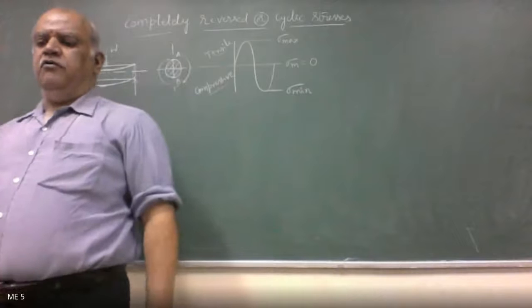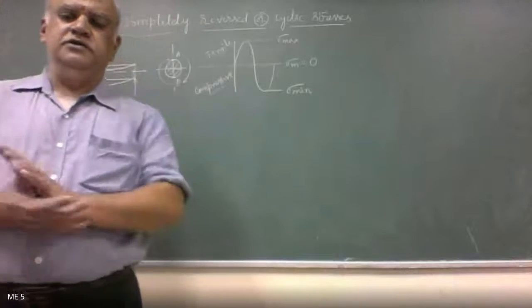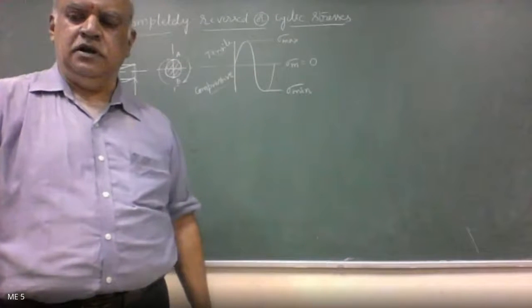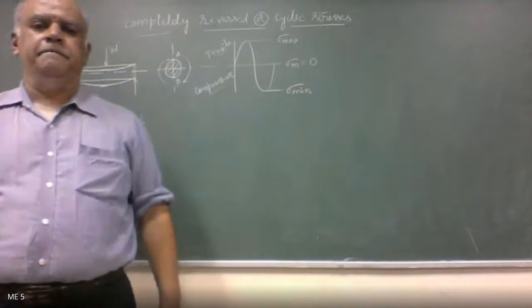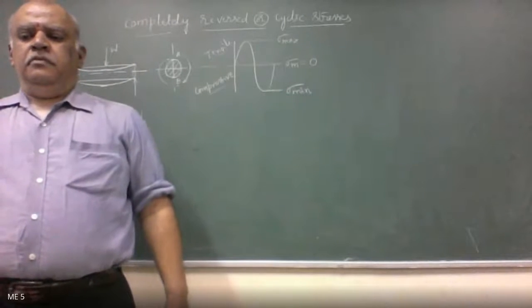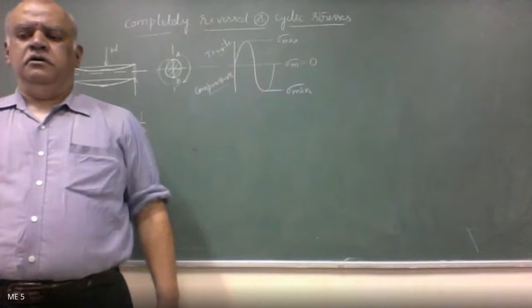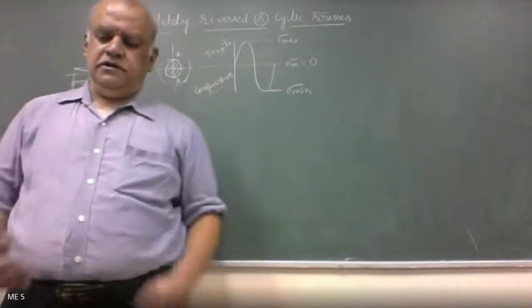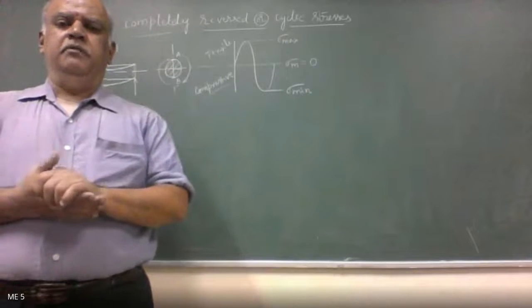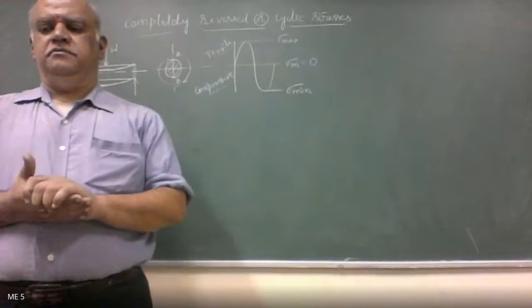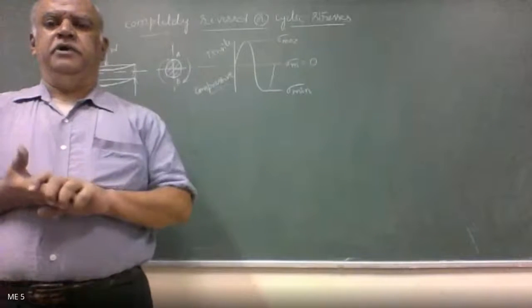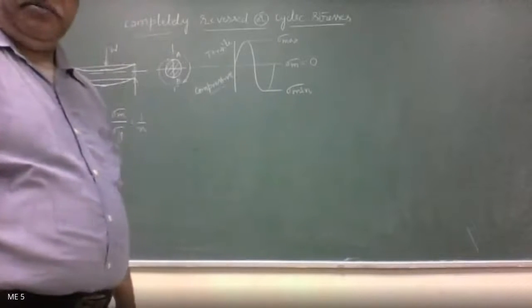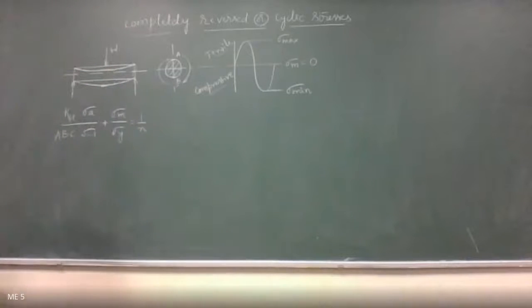The piston rod of a steam engine is subjected to a completely reversed load of 40 kilonewton.